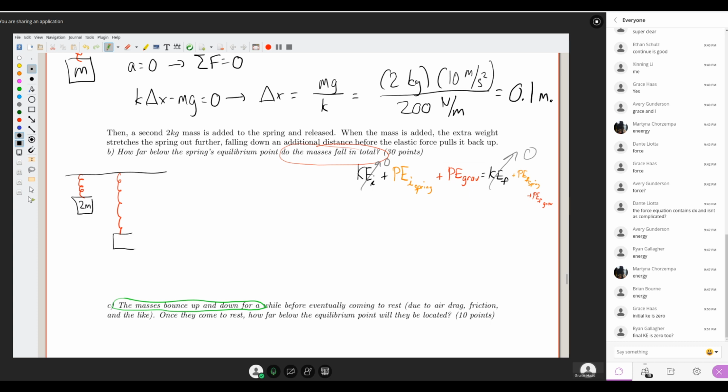There's my mass. Here's my mass. And there is my initial height. We'll choose up to be positive still.